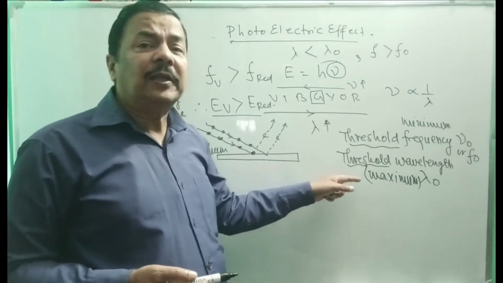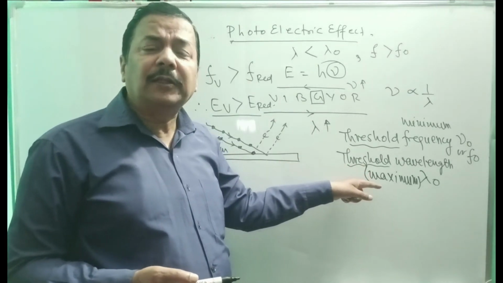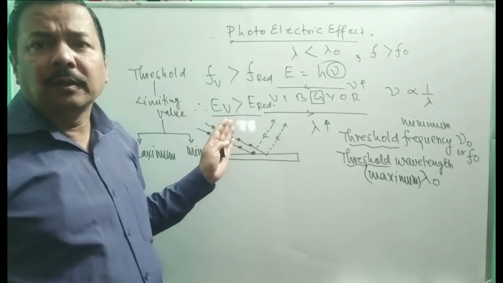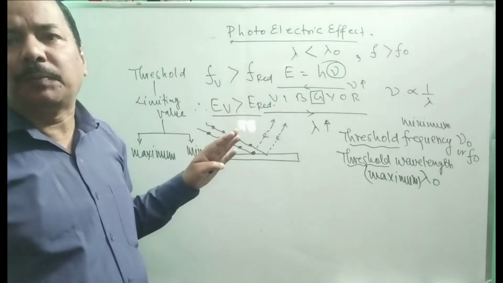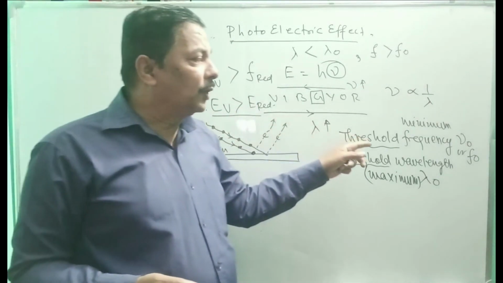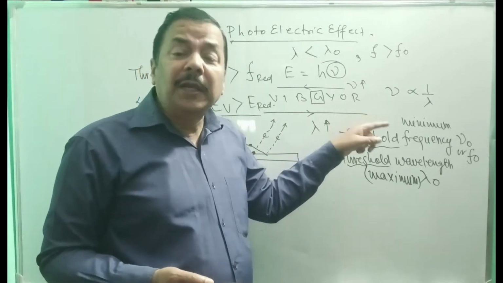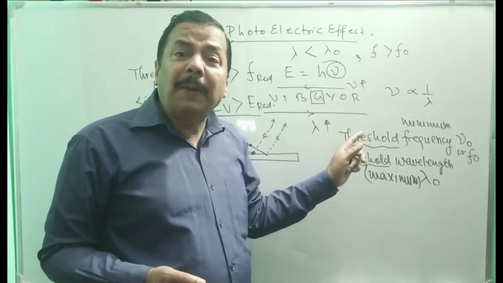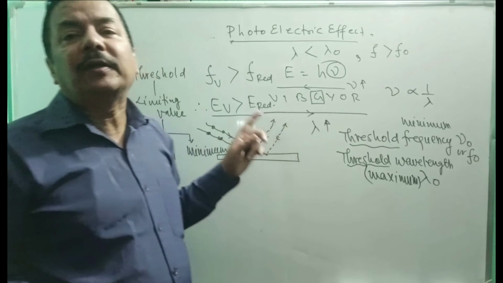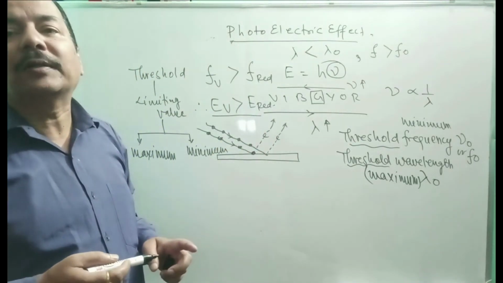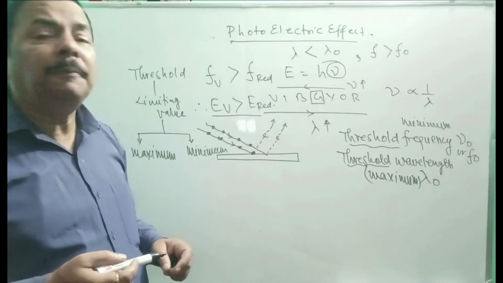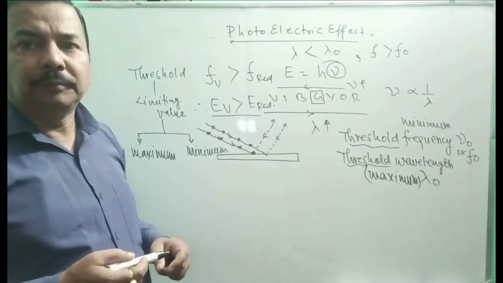So threshold wavelength is the maximum value of wavelength below which the photoelectric effect is possible, and threshold frequency is the minimum value of frequency above which the photoelectric effect is possible. Photoelectrons are ejected by the metal.